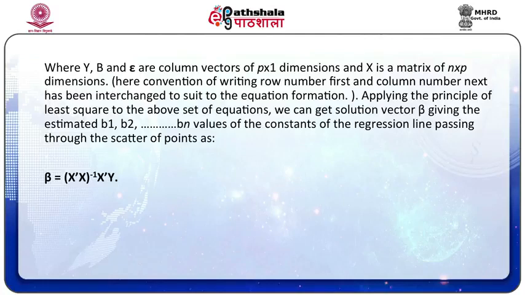Applying the principle of least squares to the above set of equations, we can get solution vector beta giving the estimated b1, b2 and bp values of the constants of the regression line passing through the scatter of points as beta is equal to (x'x) inverse into x'y.